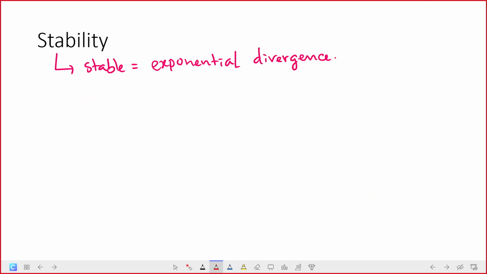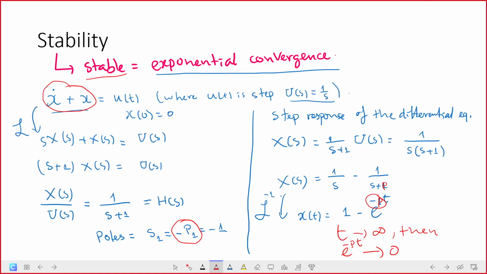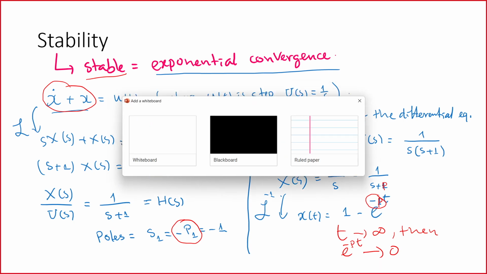So we call it stable. I want to explain another way. So for a stable system, let's say we have this system, and we inject input.